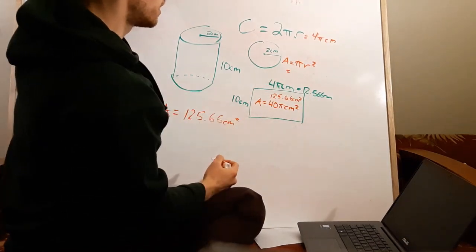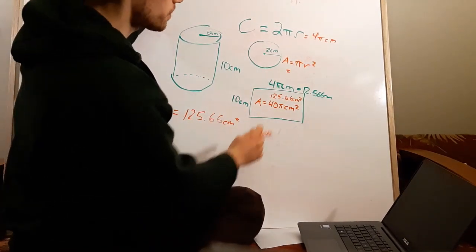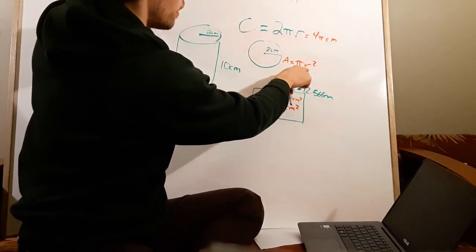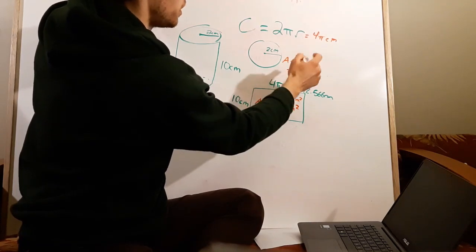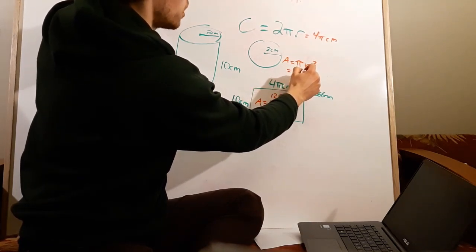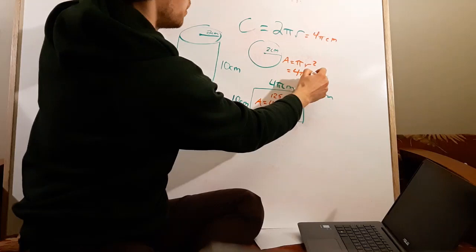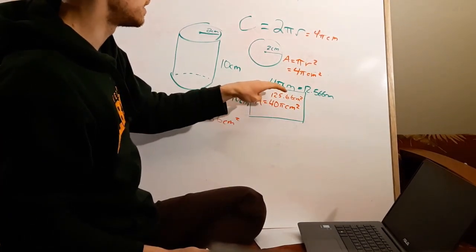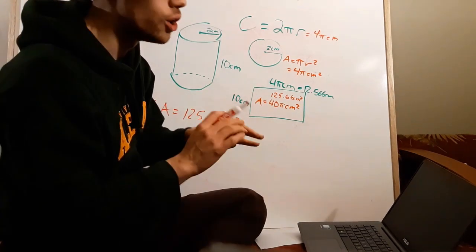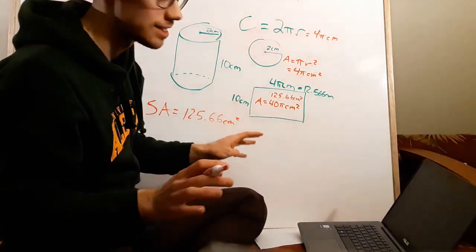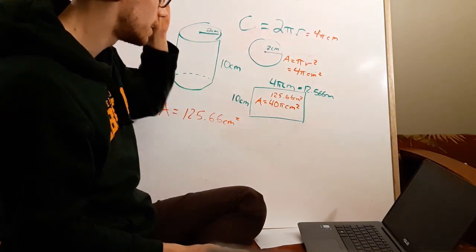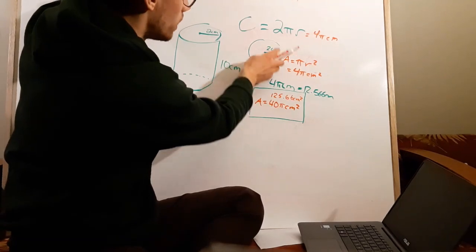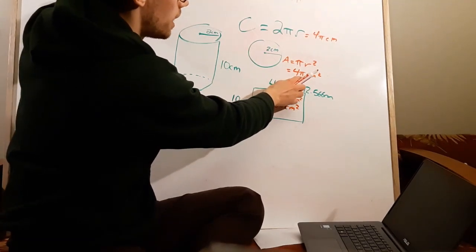In this case, r squared is 2 centimeters squared, so this is 2 times 2, this is 4 centimeters squared. 4 pi centimeters squared. Ironically, the area is the same number as the circumference. No, it's just a coincidence. Don't think that always happens, just based on the numbers I randomly chose out of my head. So one of these circles is 4 pi centimeters squared.